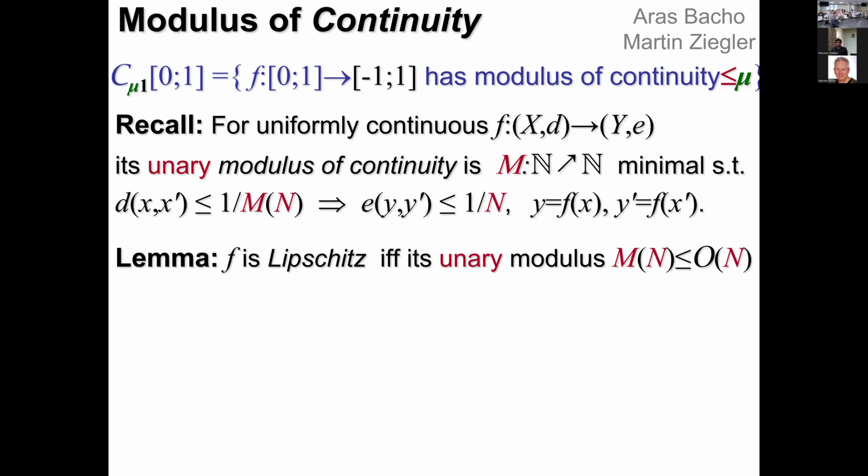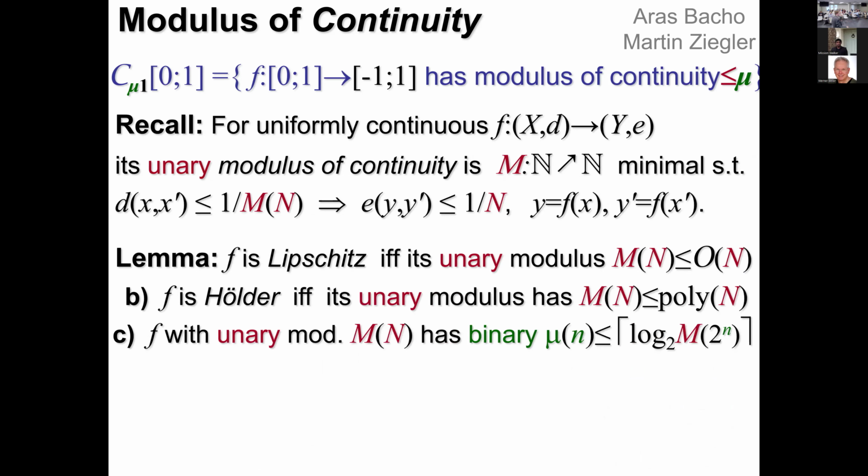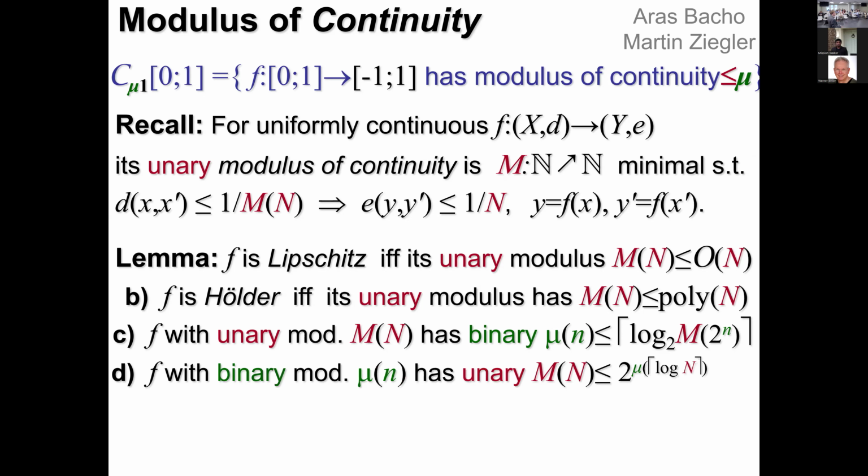Seven. So popular notions of continuity, like Lipschitz continuity and Hölder continuity, can now be rephrased in terms of the asymptotic growth of this modulus, or we can translate between binary and unary moduli with this in the argument and in the value, right?